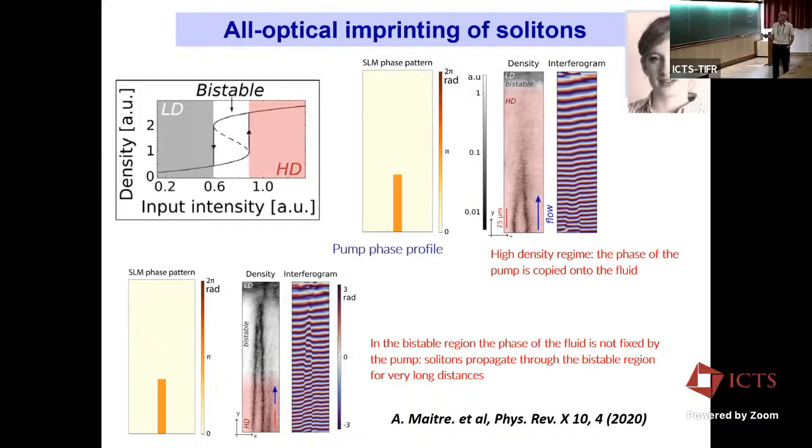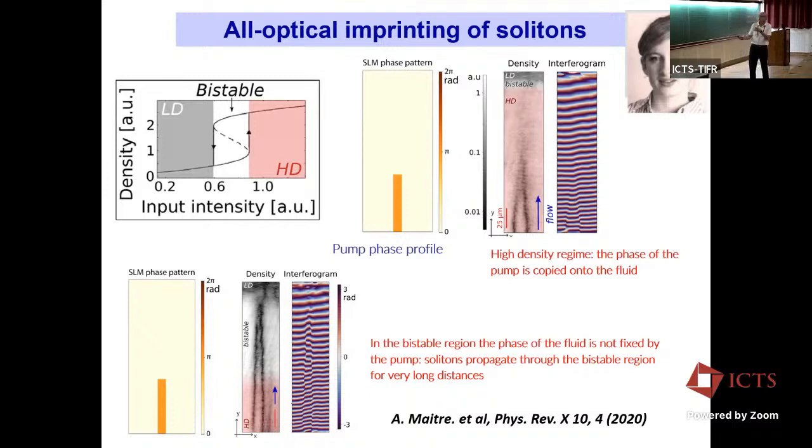For example, in this case, we have imprinted dark solitons directly on the fluid, still exploiting the bistable regime. So we shape the phase profile of the pump using a spatial light modulator in this way. We have here a phase jump of pi.